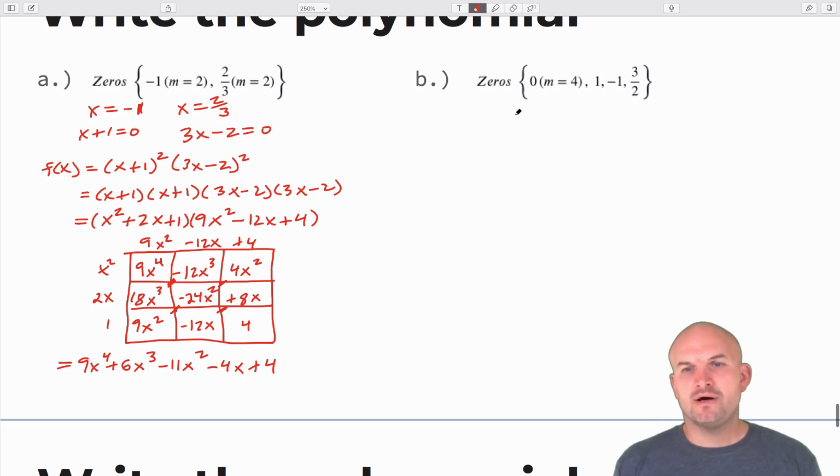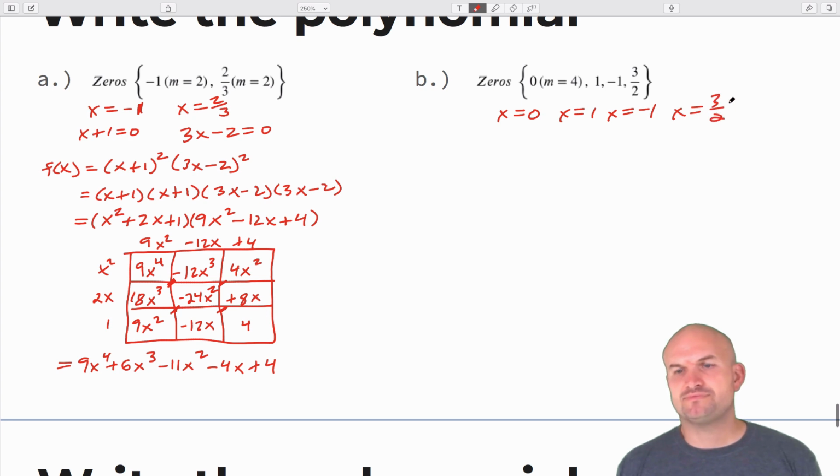So again, we're going to have x equal to 0. Then we have x equal to 1, x equal to -1, and again, another fraction, 3/2.